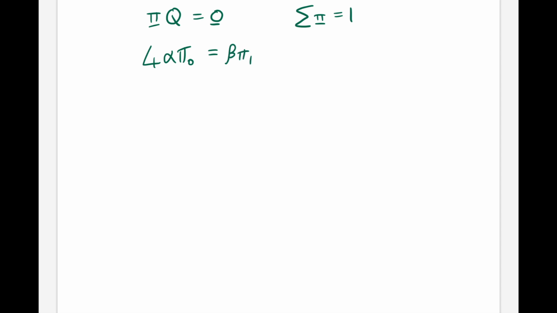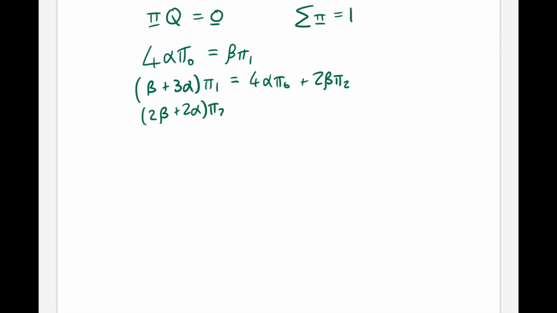For state 1, the rate out of the state is going to be beta plus 3 alpha times pi 1, and the rate into the state is going to be 4 alpha pi naught plus 2 beta pi 2. For state 2, the rate out of the state will be 2 beta plus 2 alpha times pi 2, and the rate into the state is going to be 3 alpha pi 1 plus 3 beta pi 3.